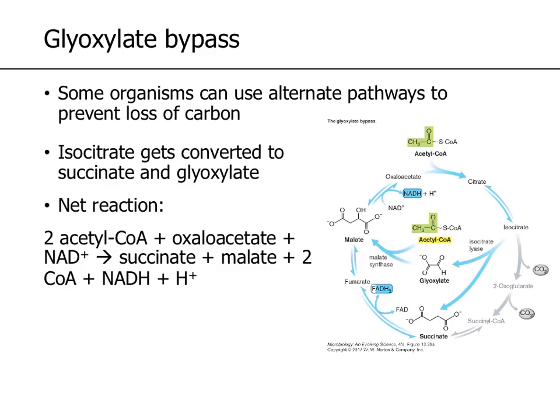The net reaction is written here: 2 acetyl-CoA plus oxaloacetate plus 1 NAD+ gives succinate, malate, 2 coenzyme A, and NADH. You're not generating as much energy out of this because you're skipping the steps around here, but this is a way for the cell to save carbons if it needs to.